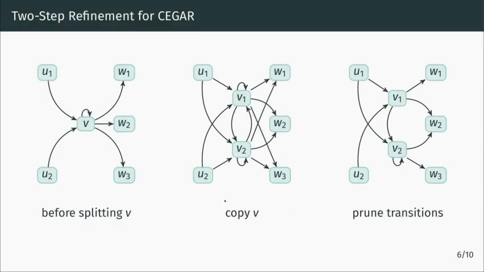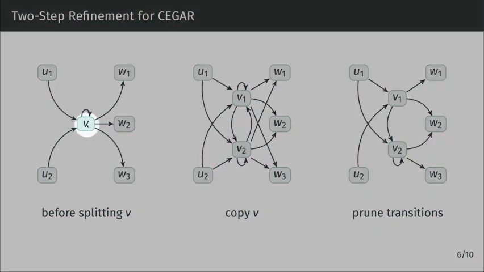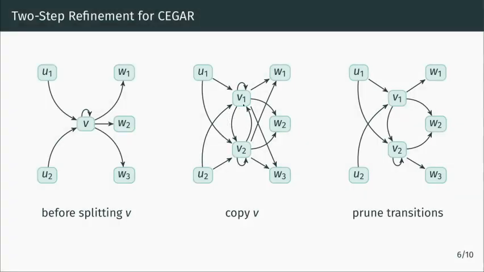But if we do a separate step first, so if we copy V into V1 and V2 and copy all transitions, then we don't change any goal distances for U2 or U1, and then we can remove all the spurious transitions. And in this way, we only have to consider the case where we remove transitions, and we can treat this case as the two states already existing.